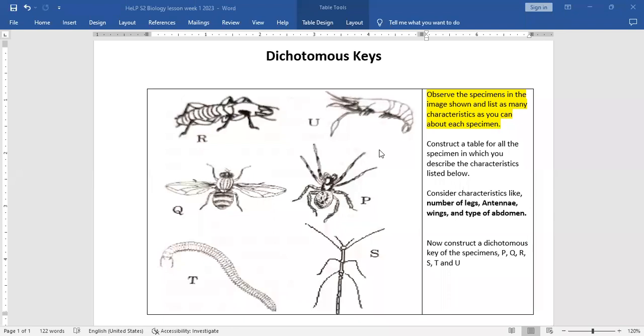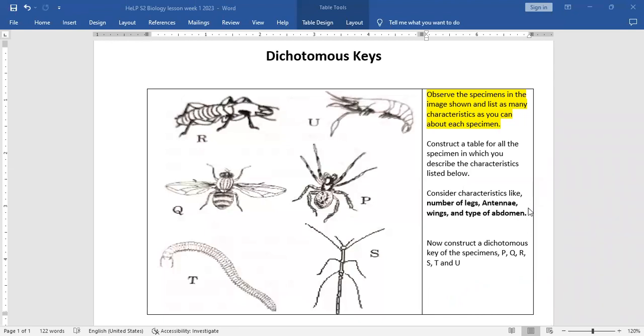No. So I'm going to pick another group to improve on the answers of group 6. Some of them were correct, so we maintain them. Group 2, someone from group 2? Specimen Q has 6 legs.